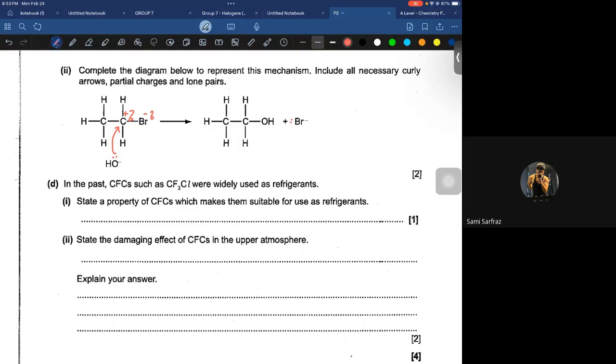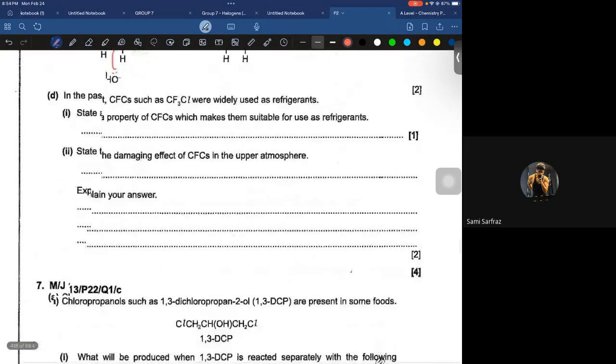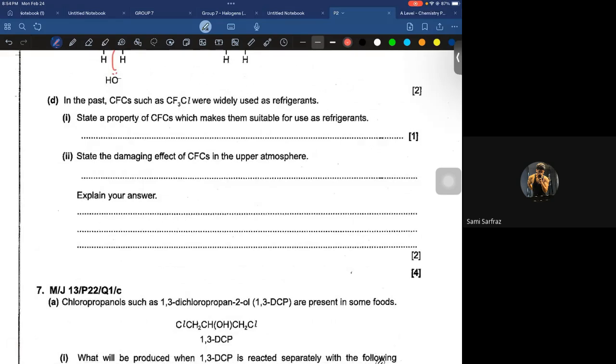State a property of CFCs which makes them suitable for use as refrigerants. What do you say? State the damaging effect of CFCs. If you remember, I told you the equation, in which your ozone was reacting with the chlorine radical. First of all, I told you that chlorofluorocarbon has both fluorine and chlorine.